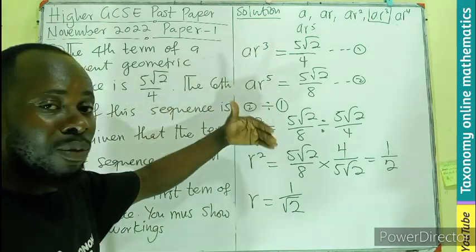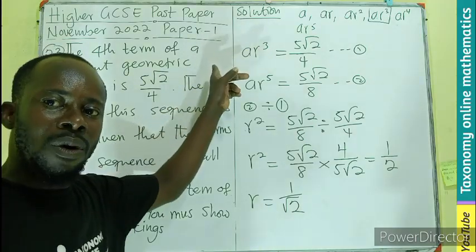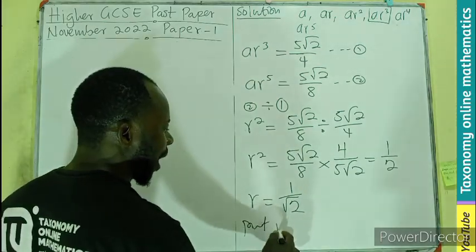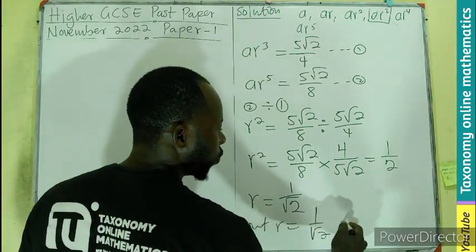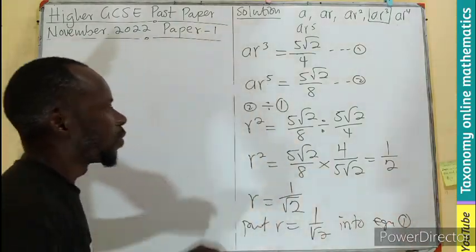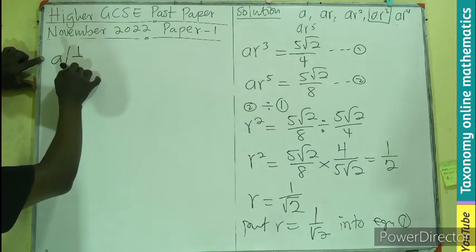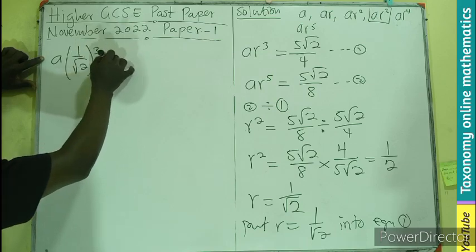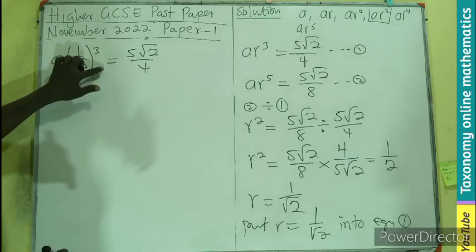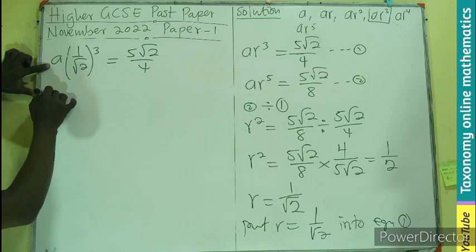Since we are solving this simultaneously, we can put R back into equation 1 to find the first term we are asked to find. So here we put R equals 1 on root 2 into any of the equations, but preferably equation 1. So this is going to be A times bracket 1 on the root of 2, all to the power 3, equals 5 root 2 on 4. Let's pick the whole of this as a coefficient, so we divide both sides by that to make A the subject.